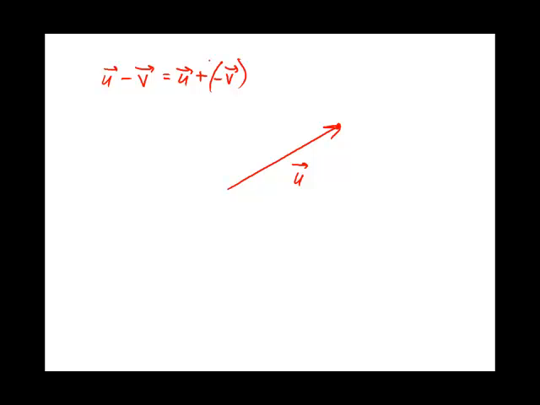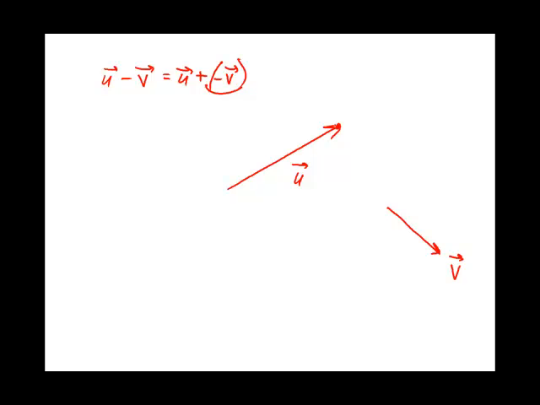The rules are the same as for algebra. Vector v was looking like this, right? That was vector v. So vector minus v will go in the opposite direction to v, and it will have the same length.